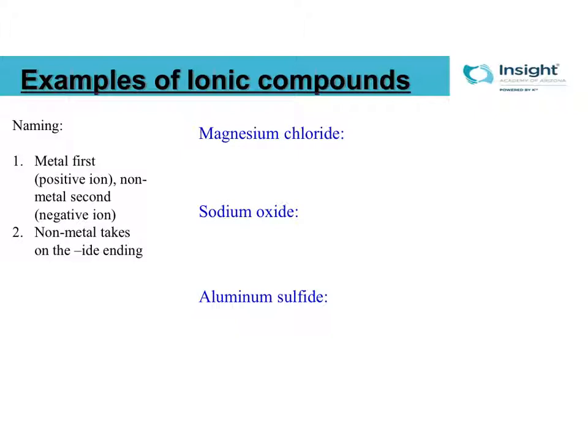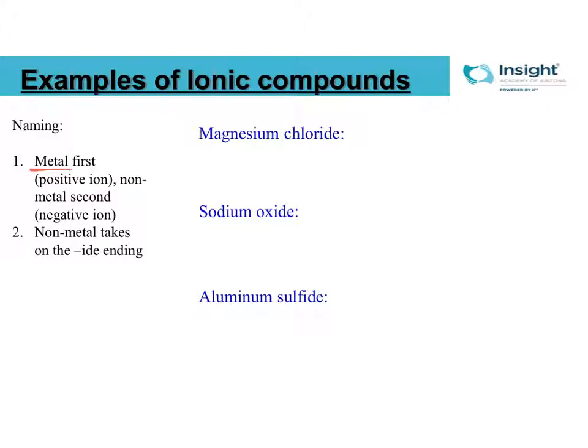When you run into ionic compounds, there are 2 ways you can represent them. You can represent it verbally, by naming it like what you see on the board: magnesium chloride, sodium oxide, aluminum sulfide. If you notice, the first word is written as is, and that's always going to be the metal.